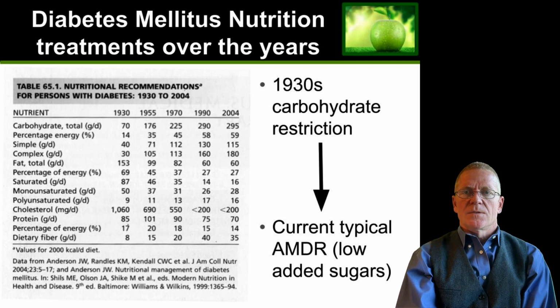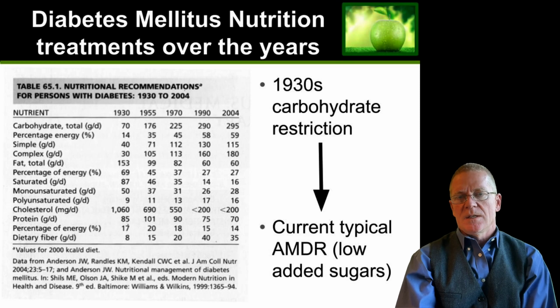The other thing that is very helpful for somebody that has type 2 diabetes is to remove simple sugars. That means monosaccharides and disaccharides. Added sugars is the place where sugars need to be removed from a diabetic's diet.